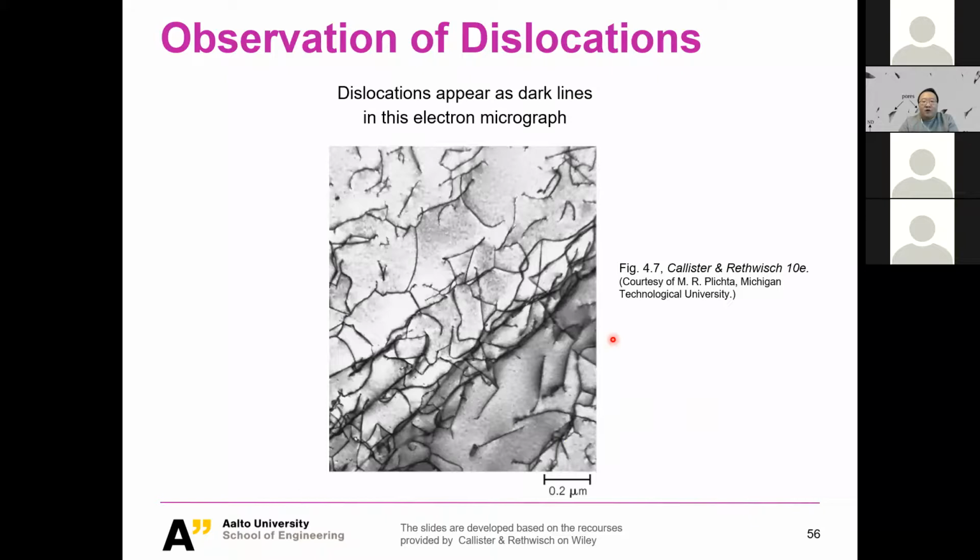Now I'm going to show you some real microscopic pictures. These cute lines are the dislocation lines. And here is a magnification, quite small already, to be honest. It is done by TEM. You don't need to know all these terms.